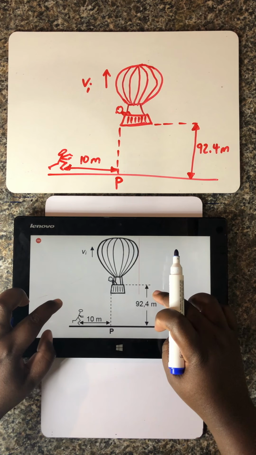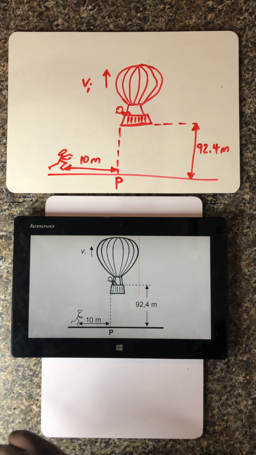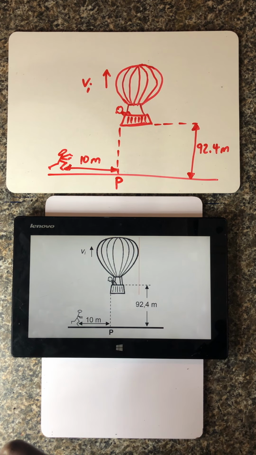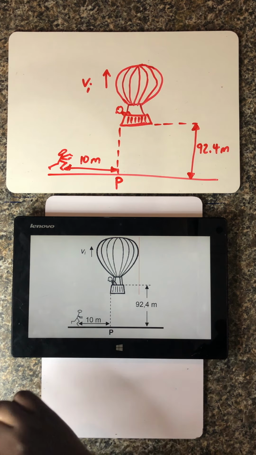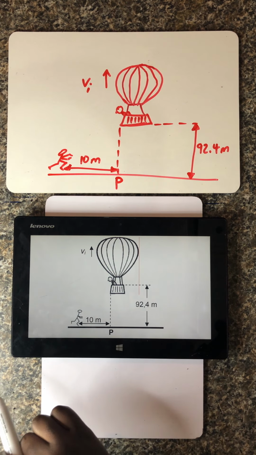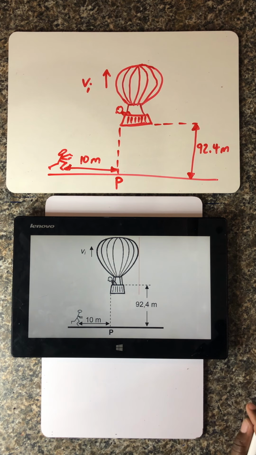So guys, as you can see on the diagram, you've got somebody in there. This looks like a person who actually dropped the camera. That part shows you that this balloon is moving vertically upwards, and we know from the statement that it's moving at a constant velocity or speed.